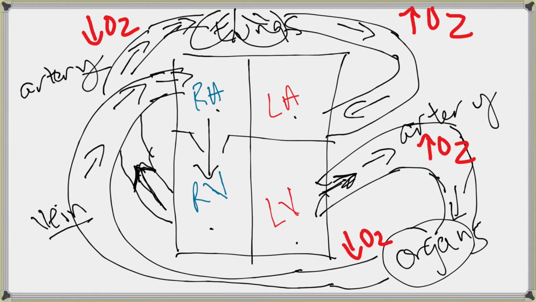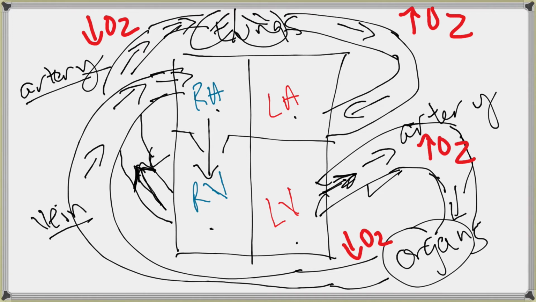Even though it's got low oxygen. A lot of people get into the habit of naming arteries and veins by their gas content, but that's actually incorrect. Arteries and veins are named for the direction that the blood is flowing. If the blood is flowing away from the heart, like in this situation or this situation, it's still an artery.